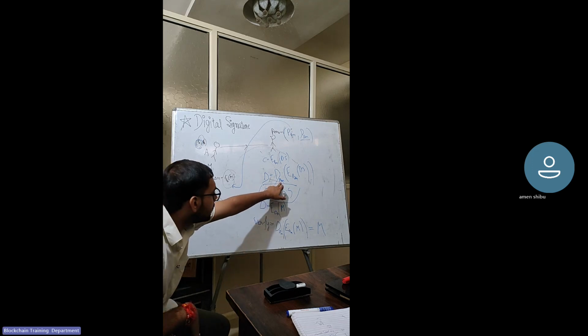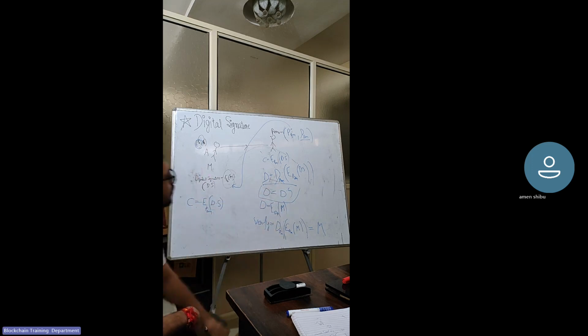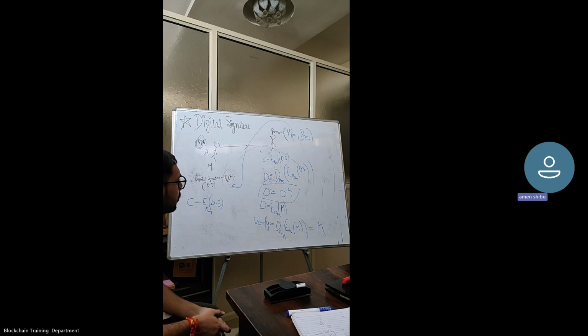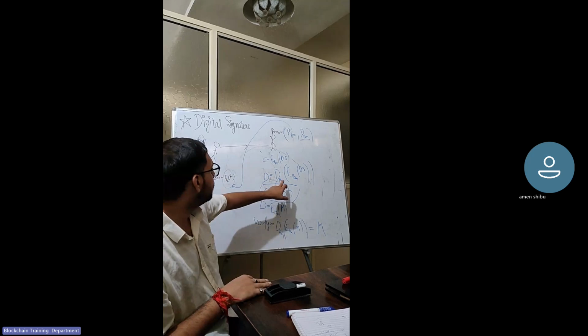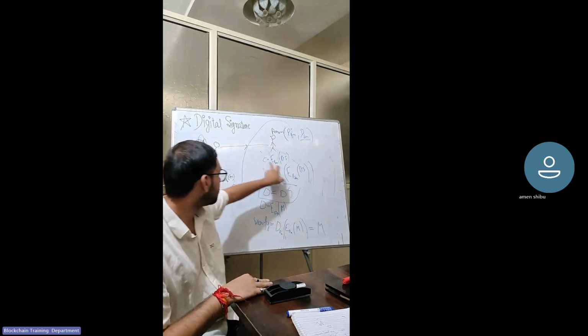D is equal to DAM of EPAM. This is how we say it: decryption of the ciphertext, which is this.